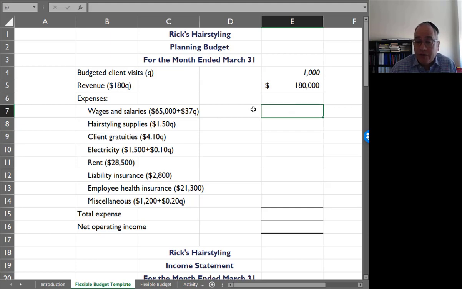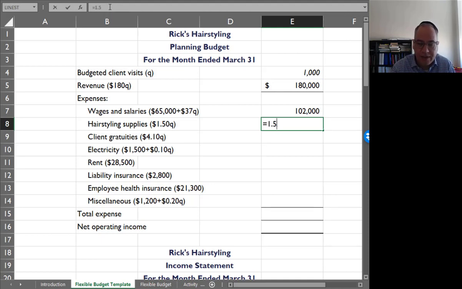Wages are fixed and variable. $65,000 is fixed per month, and $37 is variable based on the number of visits. So your wages and salaries would be $65,000 plus 37 times the number of visits, 1,000.